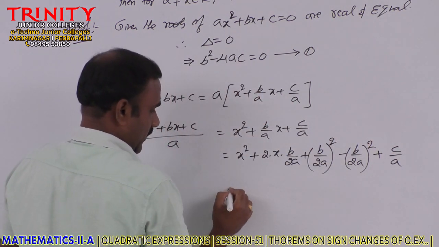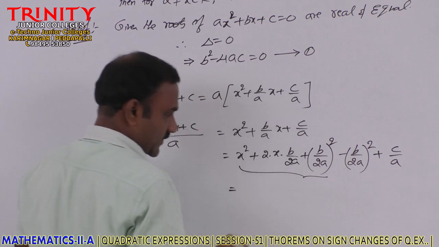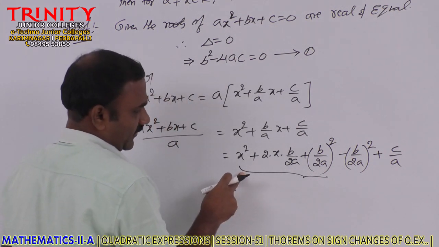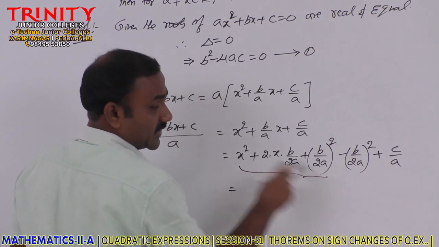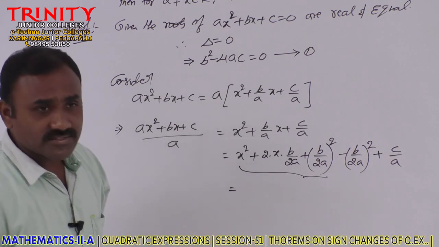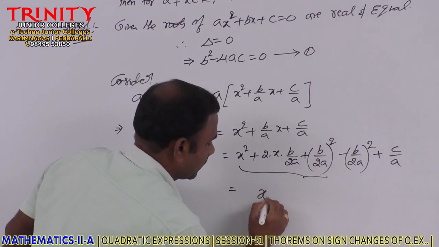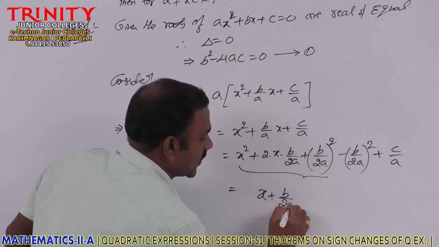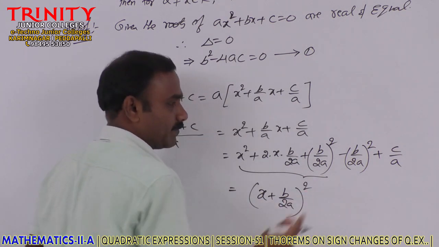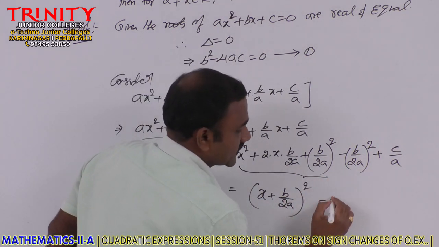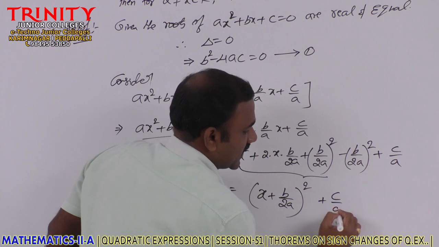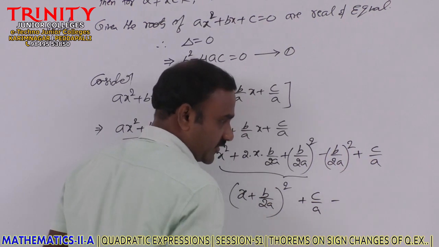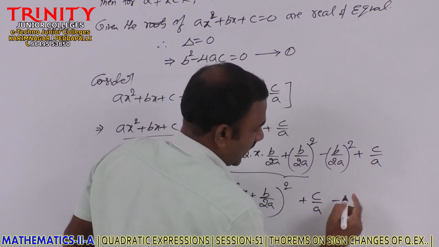From this, it is in the form of a square plus 2ab plus b square, so we can write this as a plus b whole square, that is x plus b by 2a whole square, and for this it is plus c by a minus b square by 4a square. I am writing the positive term first and then the negative term.